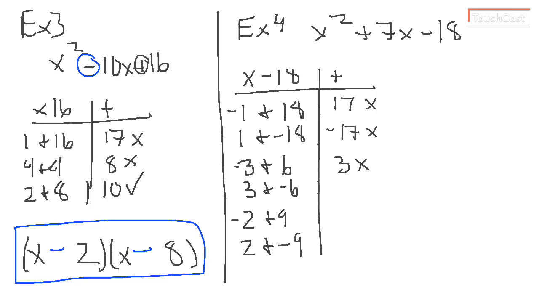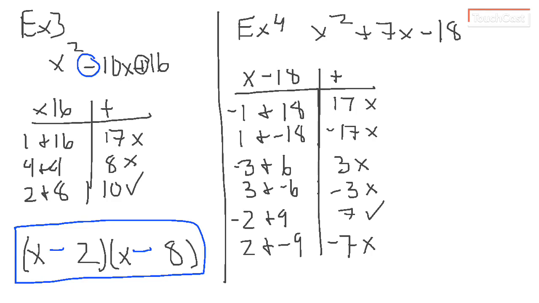We're getting closer, but still not 7. 3 plus negative 6 makes negative 3. Still not what we want. Negative 2 plus 9 makes, oh, look at that, positive 7. That works. Let's just check this last one to make sure it doesn't work. So 2 plus negative 9, that makes negative 7. That's not what we want.